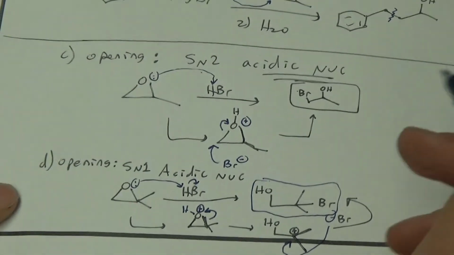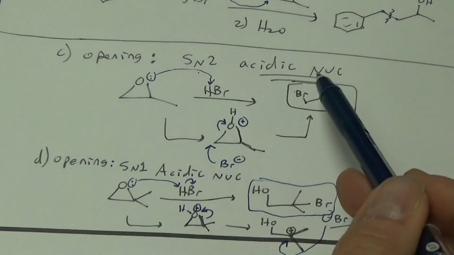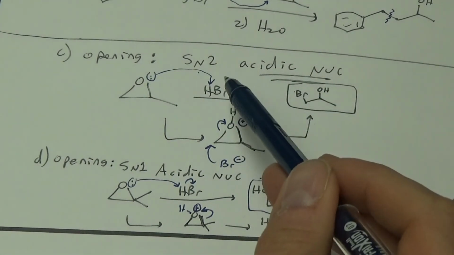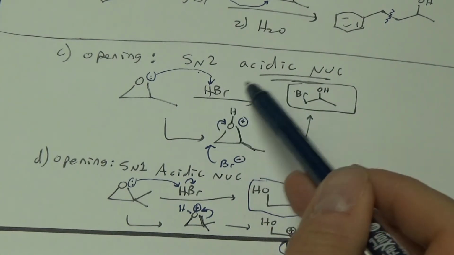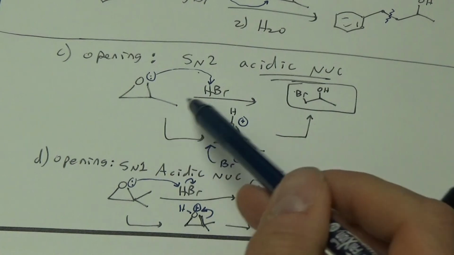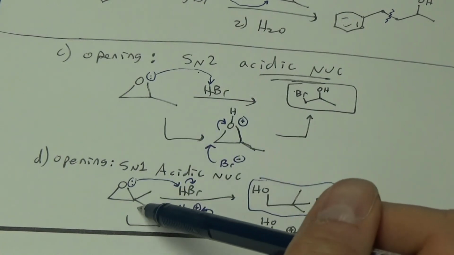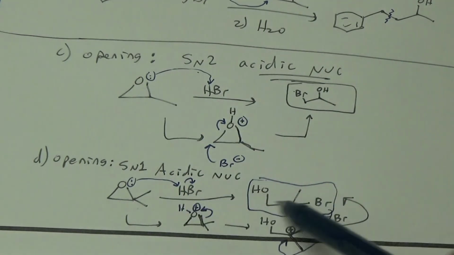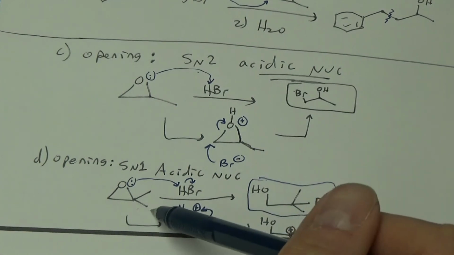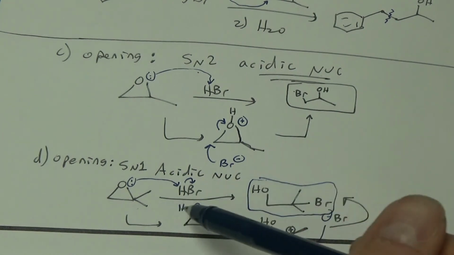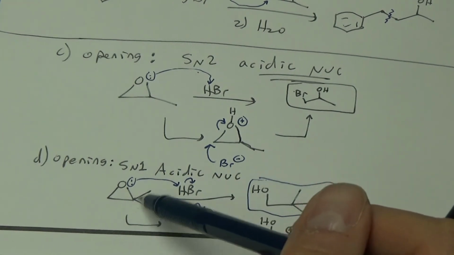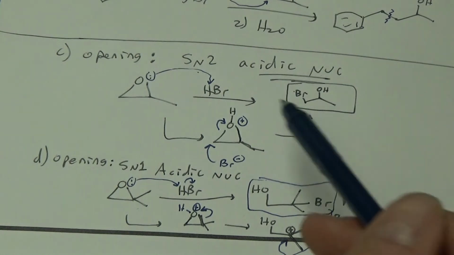Okay. The big thing, this is the very end summary here: if you have an acidic nucleophile like HBr, and you have a tertiary, then it's going to be SN1, right? If you do not have a tertiary, like if you have a secondary or any other kind of epoxide, anything but tertiary, it's always going to be SN2. Okay?